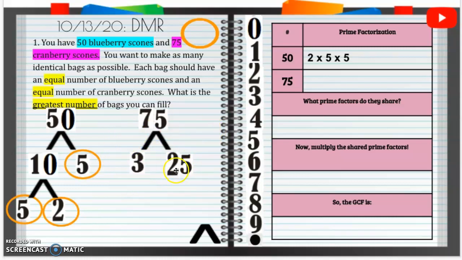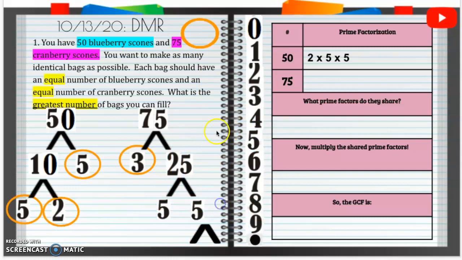So 3 and 25. Is 3 a prime number? Yes, it is a prime number because the only two factors are 1 and itself. What about 25 though? Can we break down 25? Yeah, we can break it down. What times what? Well, I know that 5 times 5 is 25.